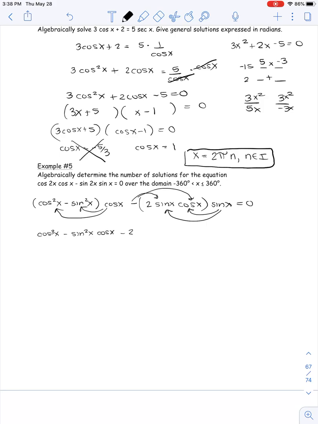So it'll be negative 2 sine squared x and then cos of x equals 0. Now this can be replaced with 1 minus cos squared x. So I'm going to replace that.